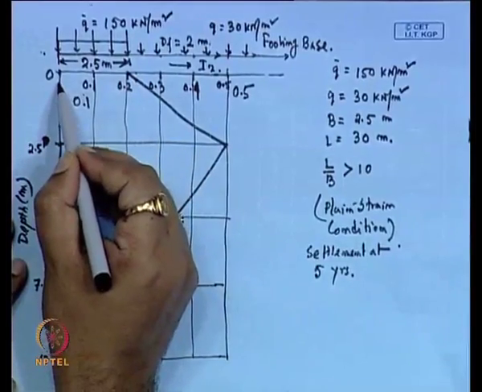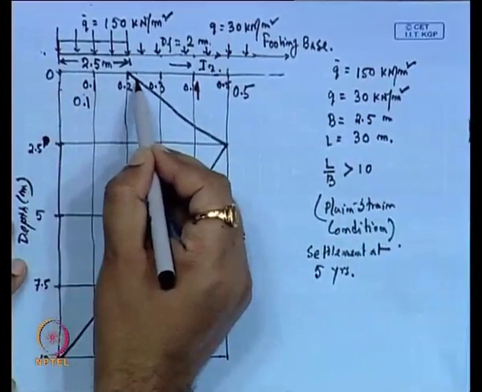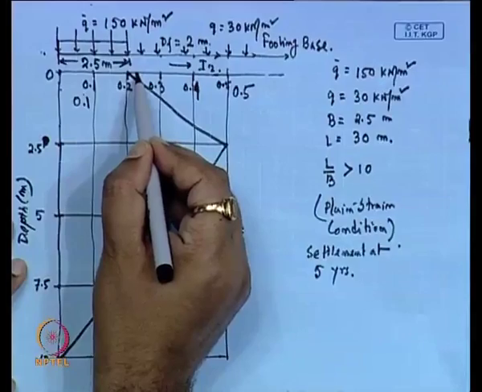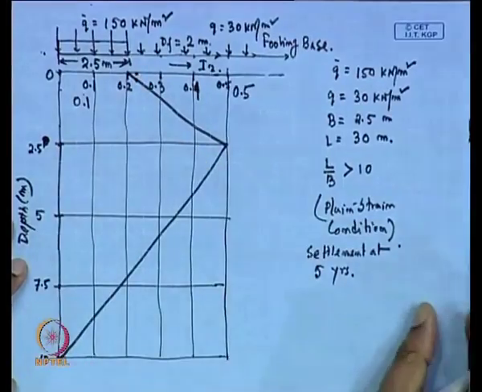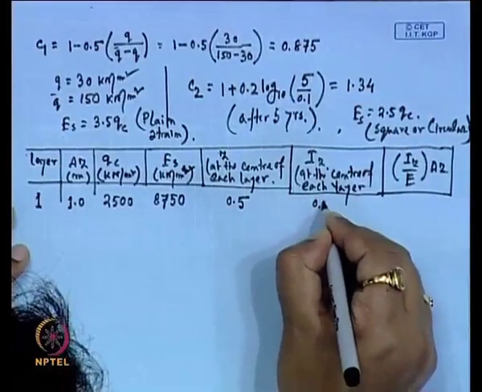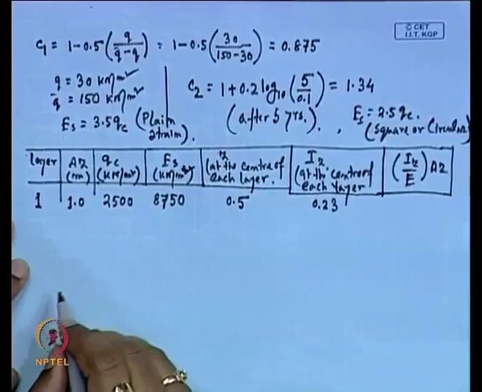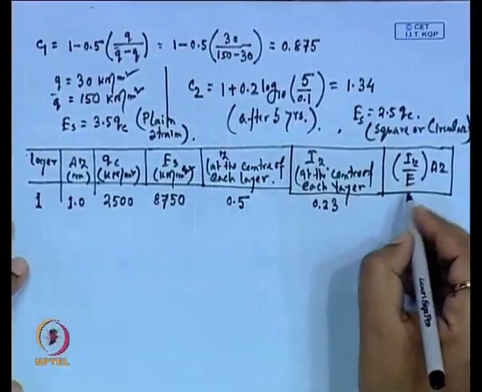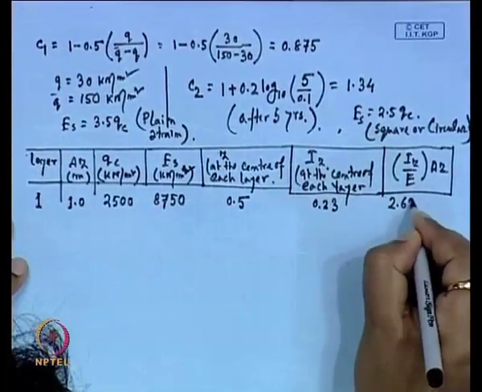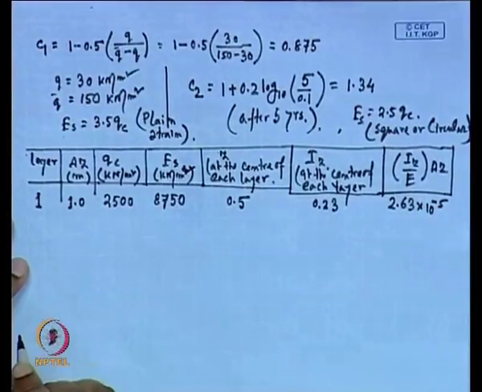So, for this 0.5 depth, corresponding to this graph, I z is 0.23. So, here we will get the I z value 0.23, and then we will calculate this term, which comes to 2.63 into 10 to the power minus 5.